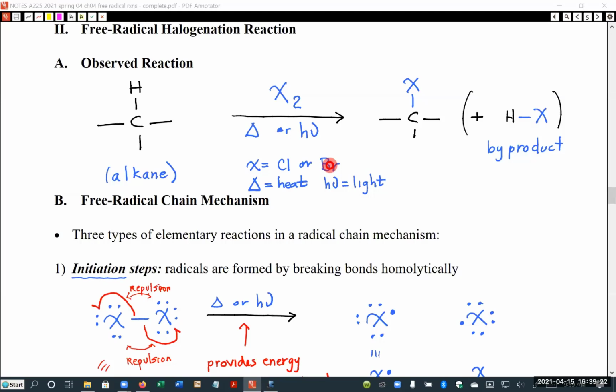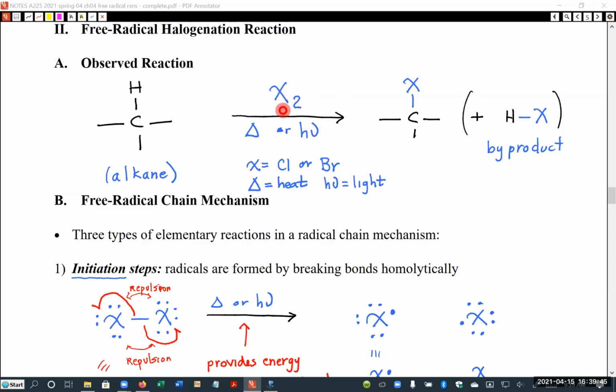The fluorine does react, but it reacts violently. It gives off so much potential energy that it's explosive. And iodine, it turns out, has such bad energetics that it reacts slowly, and it even can break off and in theory reverse. So we don't want to do that one.